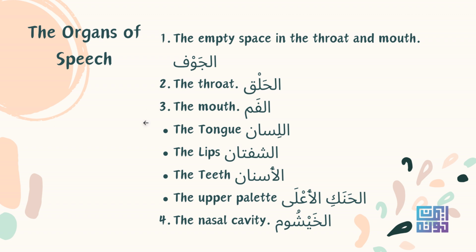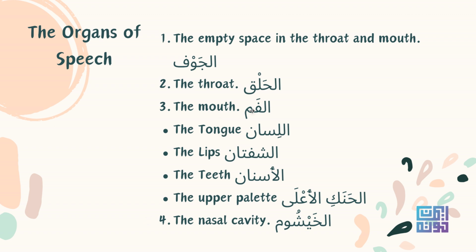And in the mouth, we can find the tongue, which is a very, extremely important organ in the mouth, which we use to pronounce most of the Arabic alphabets. And then comes the lips, after it the teeth, the upper palate, and then at the end the nasal cavity, al-khayshum.